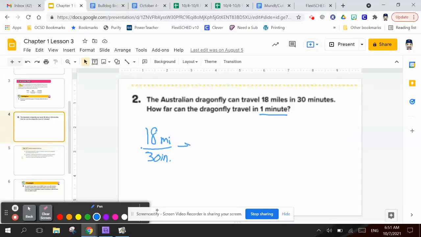So we want to make sure we write this as a unit rate. So we divide each, the numerator and denominator, by the denominator, or the bottom number. So 30 divided by 30 is 1. Unit rate, we always have 1 as our denominator.